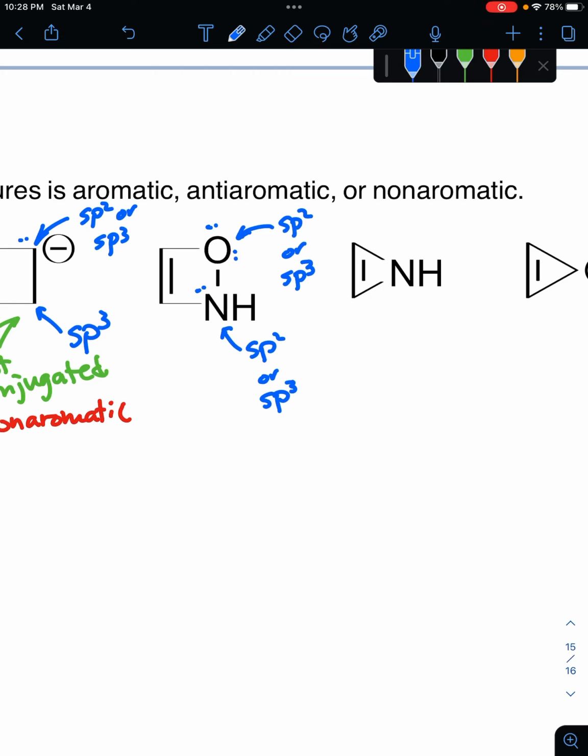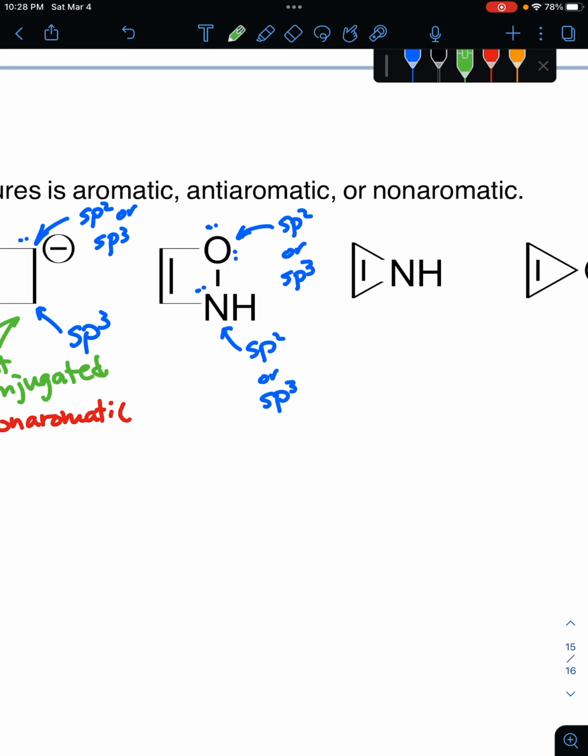If there's a benefit to becoming sp2 hybridized, they would. If there's a benefit to being sp3, they would. That idea might be a little bit weird to you, but remember the reason atoms, quote unquote, decide to become hybridized is because there's an energy benefit, right? Stability benefits. It's all about what would benefit them stability-wise.